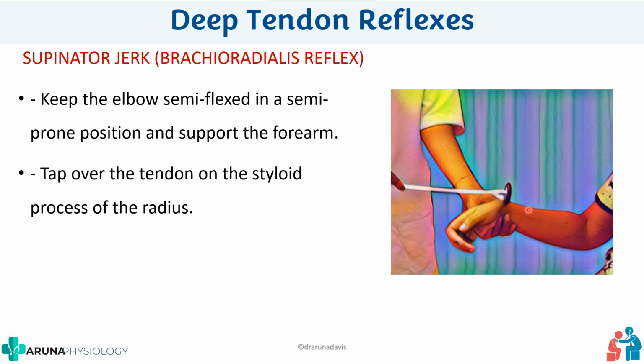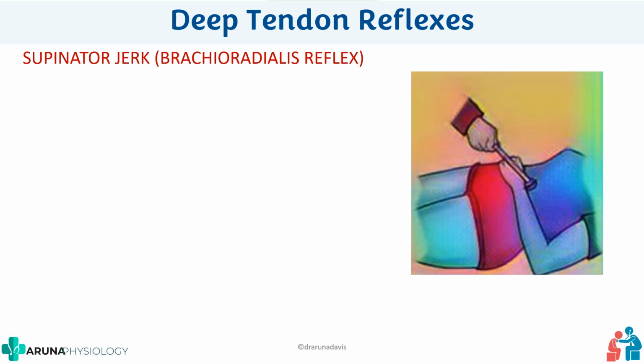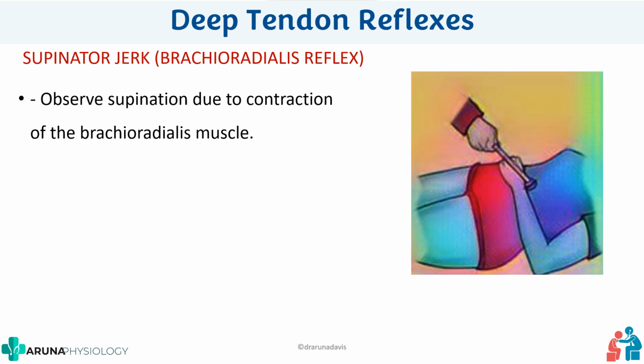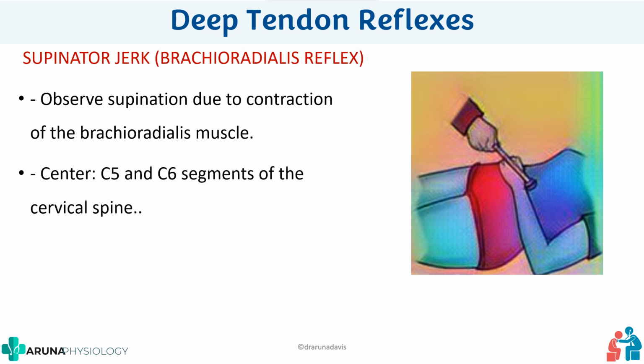Unlike the biceps jerk, for supinator jerk you're directly striking over the tendon just above the radial styloid. And what are we going to observe? We're going to observe a slight supination due to contraction of the brachioradialis muscle. Okay, and the root value is C5, C6. So that will complete the supinator jerk.